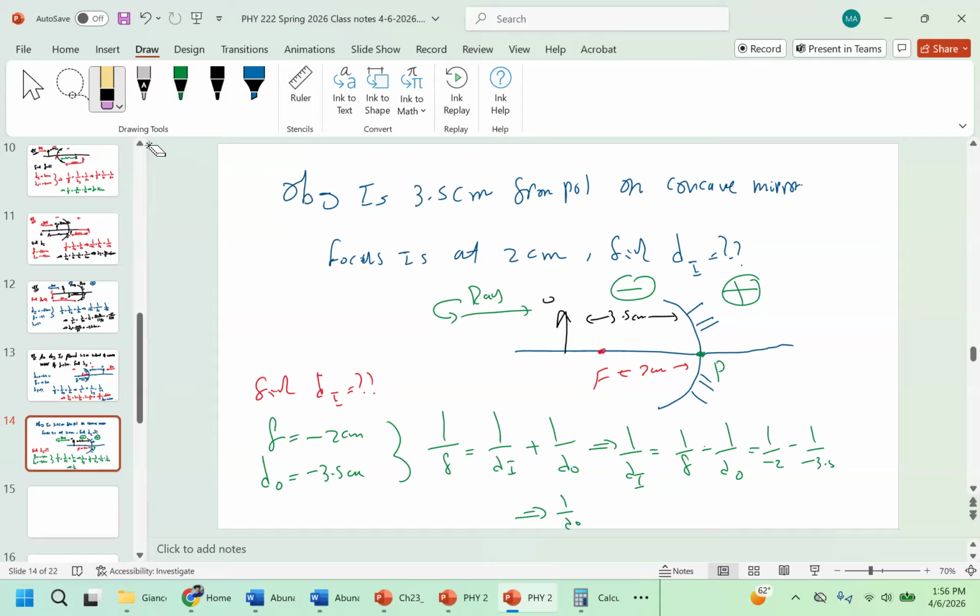Let me get a different color. To get a common denominator, 3.5 times 2 is 7.